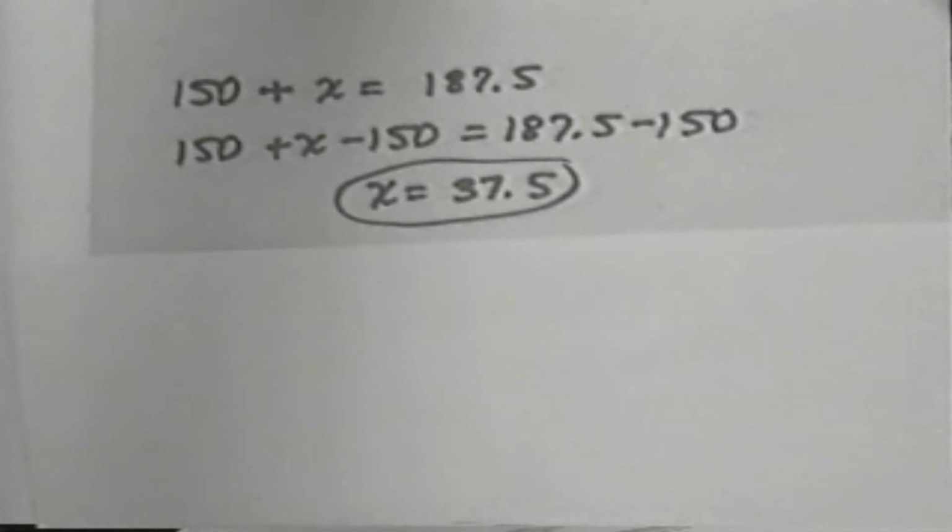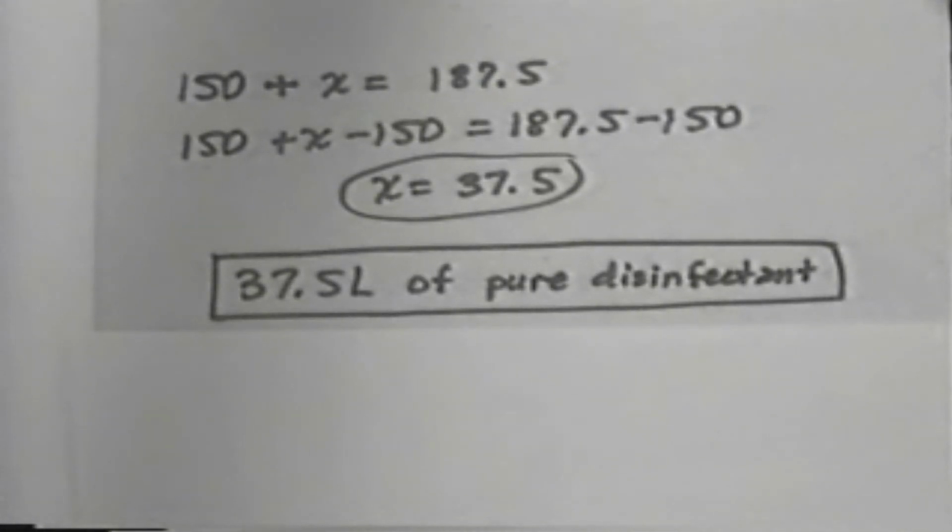So the x value for our system of equations is 37.5. The x is what we were after, and so 37 5/10 liters of pure disinfectant must be added to make the desired solution.